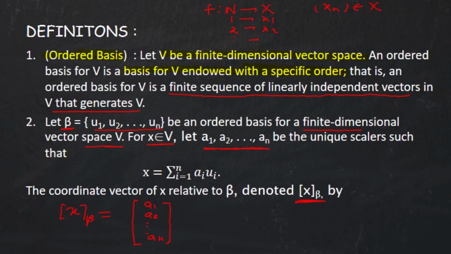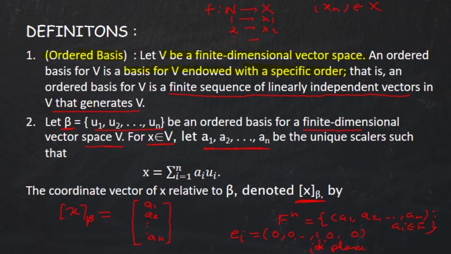Now also since we know that Fn is a vector space, this consists of all the elements of the type n-tuples a1, a2 and so on up to an, such that ai belong to F, right? And also a basis for Fn consists of the elements ei, where ei is 0, 0, 1, 0 and 0, where 1 is at the ith place.